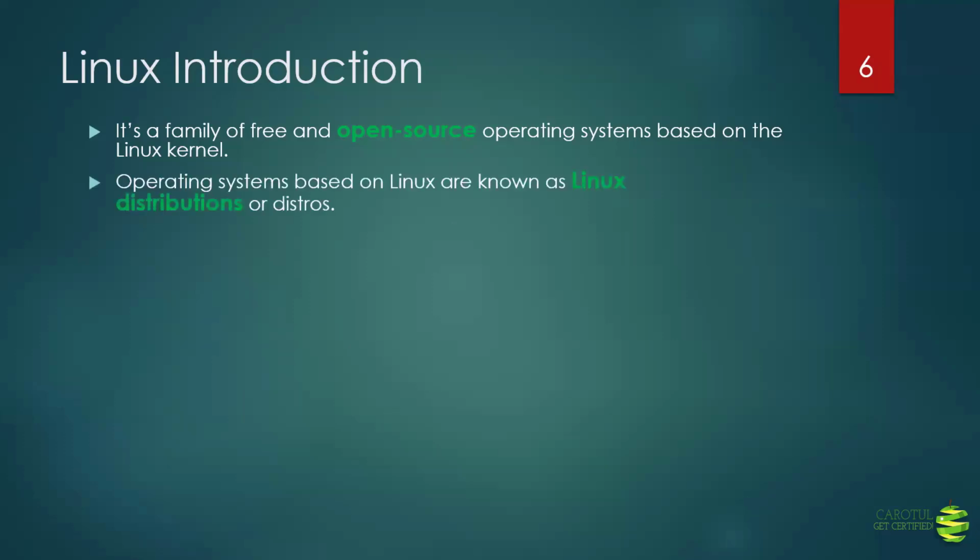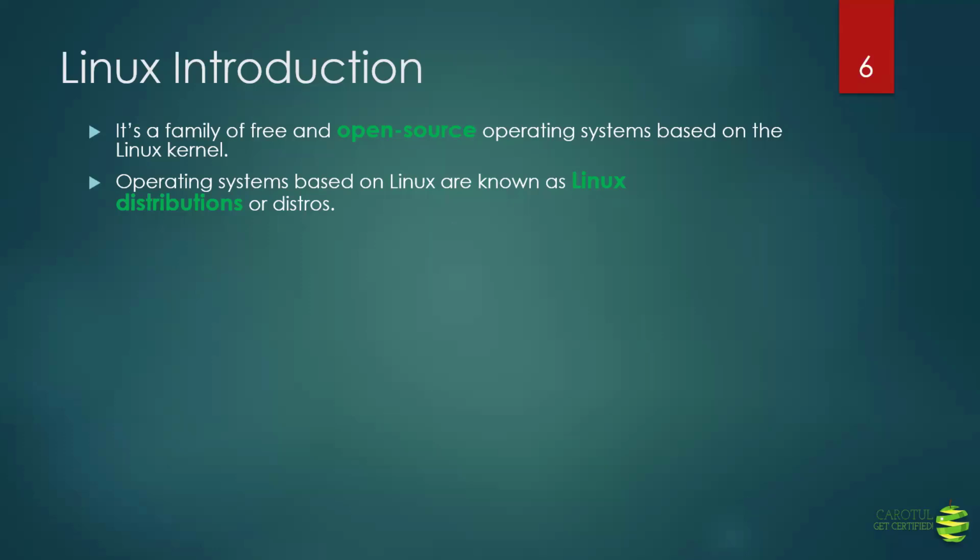So the operating systems based on Linux are known as Linux distributions or Linux distros, right? They are based on Linux, which means that they are using the Linux kernel in one way or another. Now the Linux kernel is free and available to everyone. So if you have enough knowledge of programming and operating system implementations, you can create your own distro by using the Linux kernel.